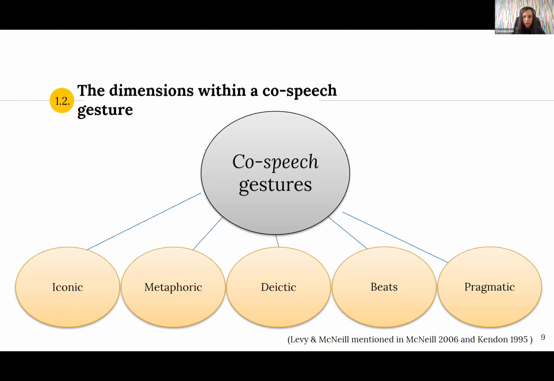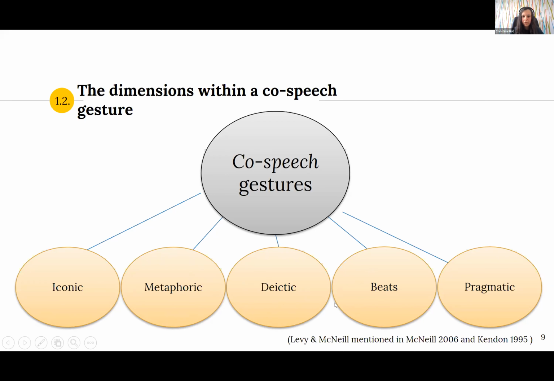And then for the analysis of gestures, I based the analysis first on the taxonomy elaborated by McNeill, with the dimensions that are present in the gestures. So for example, metaphoric gestures are used to depict an abstract concept, deictic to locate entities, but here I actually coded the location in the iconic, as I will explain later on.